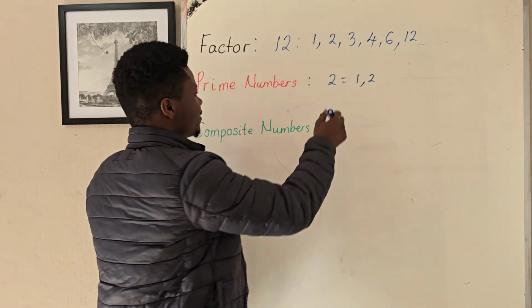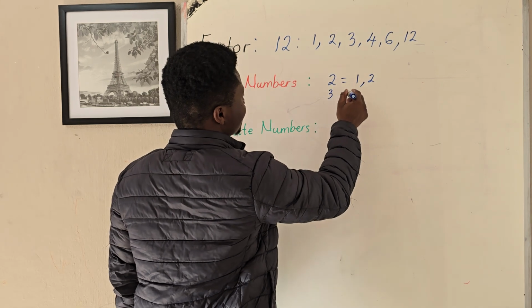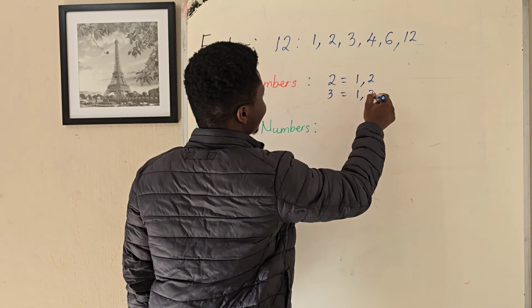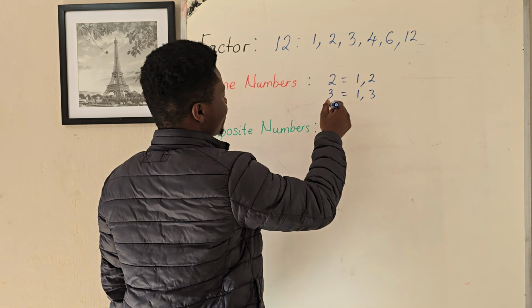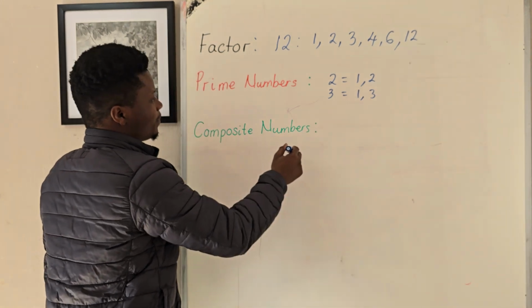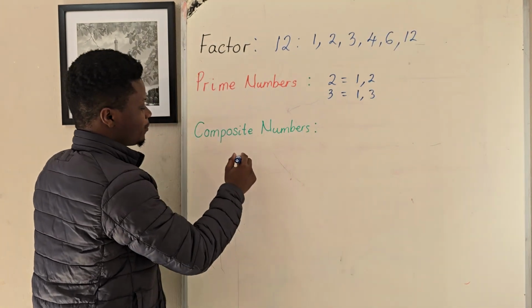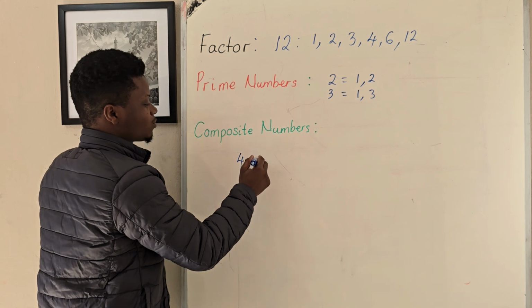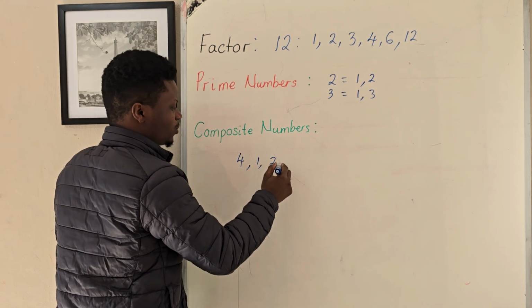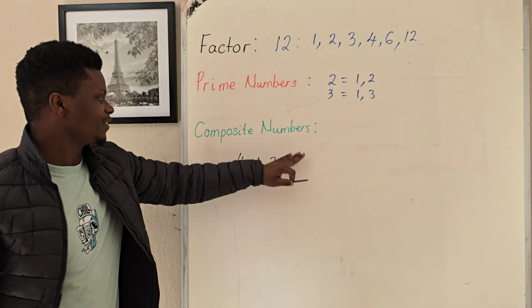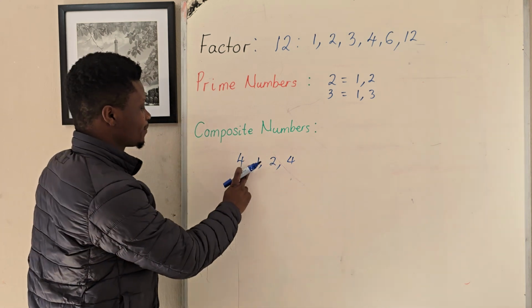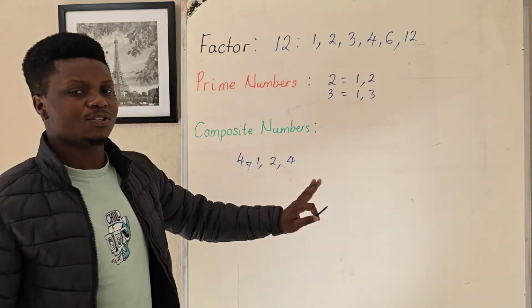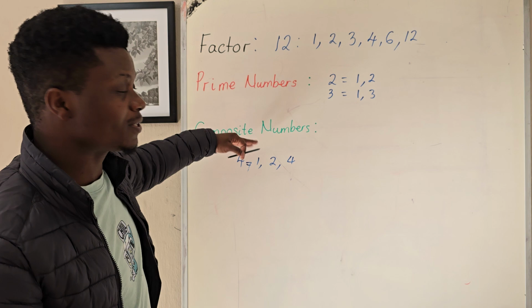If I say list the factors of 3, you would say it's 1 and 3. List the factors of 4, you would tell me it's 1, 2, and 4 itself. So that is more than 2 factors, so that's not a prime number. We call it a composite number.